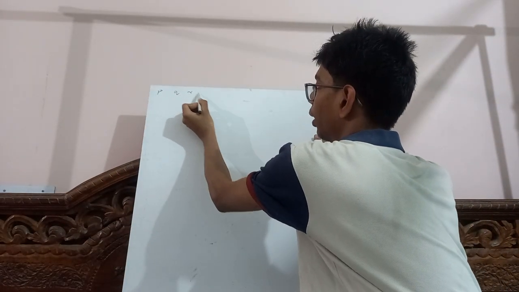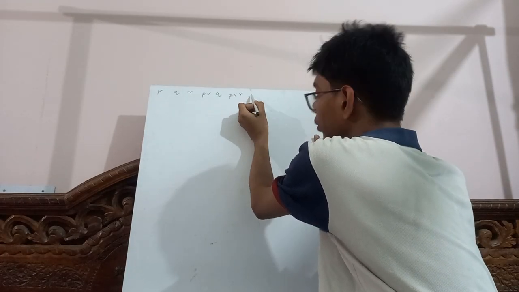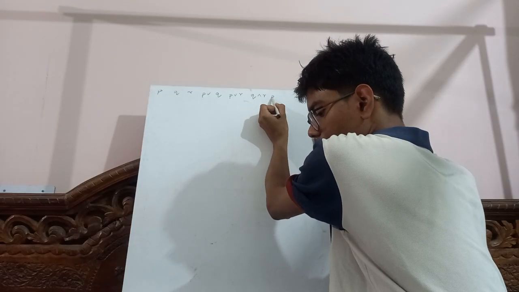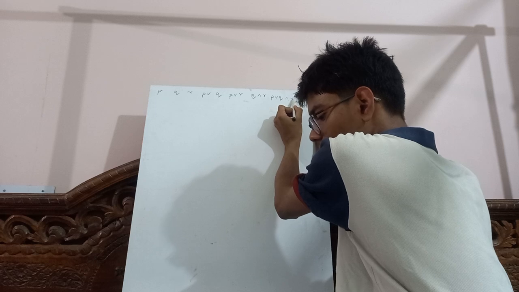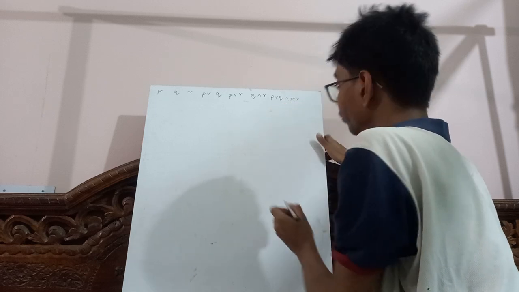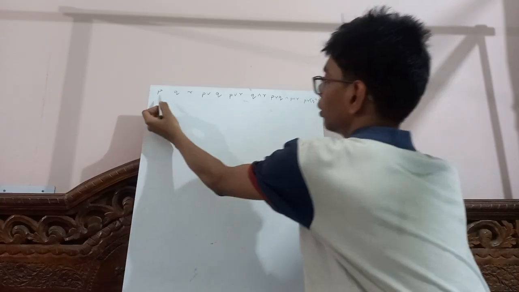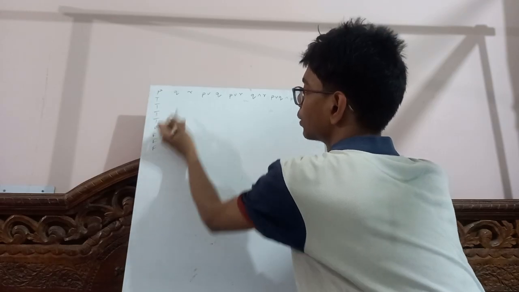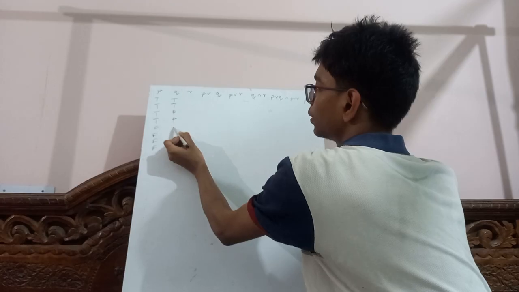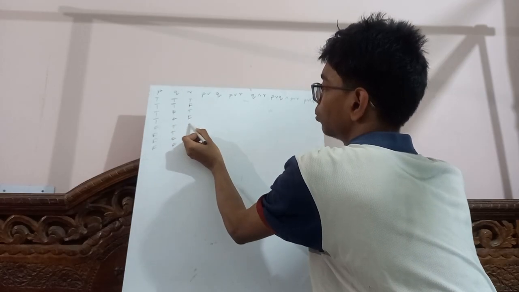So suppose I have P, Q, R, P and Q, P and R, Q and R, P or Q and P or R, right? And P or Q and R, right? So this will be true, true, true, false, false, false, true, true, false, false, true, false, false, true, false, true, false, false.